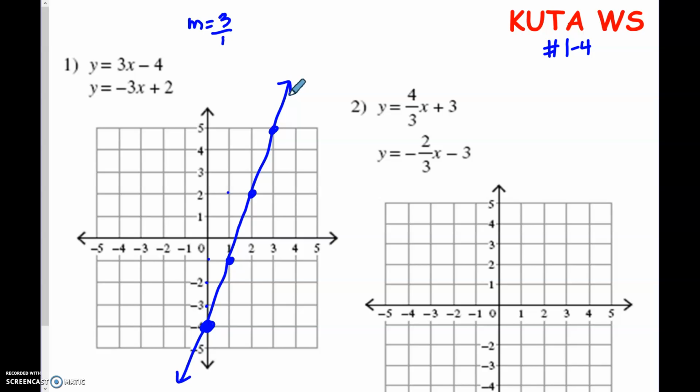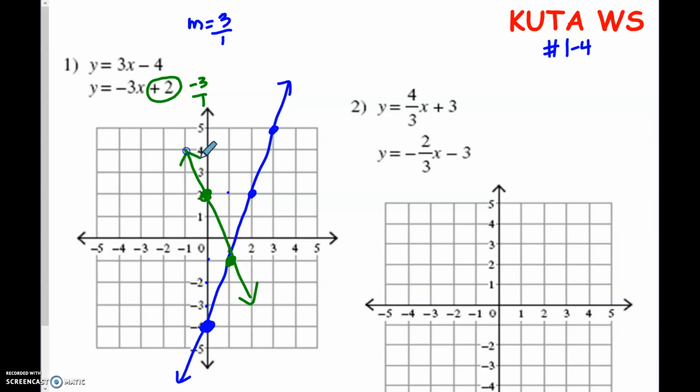And now the second equation. The y-intercept is this +2, and the slope is -3/1. In the blue equation, I went up 3, right 1. In the green equation, I'm going to go down 3, right 1. And look at that, it's right on top of another dot.